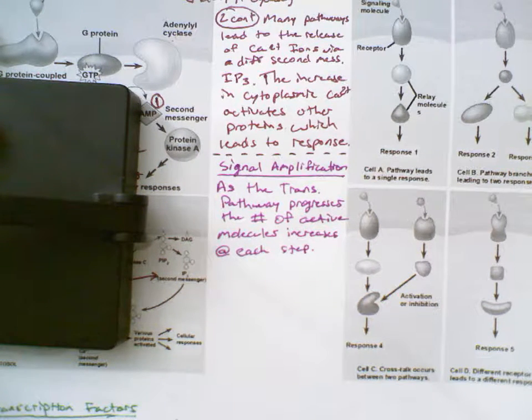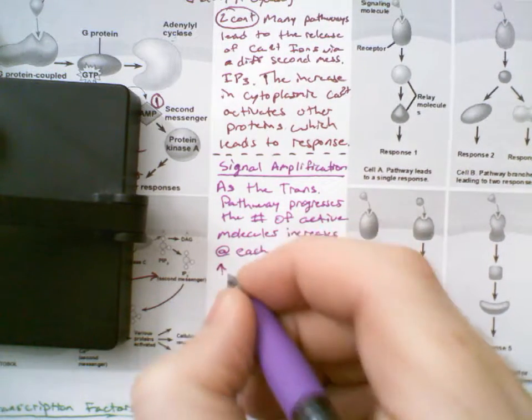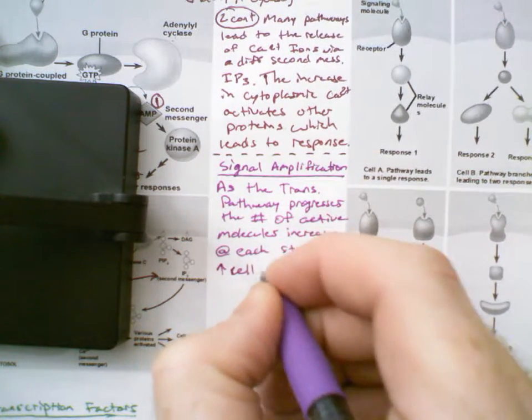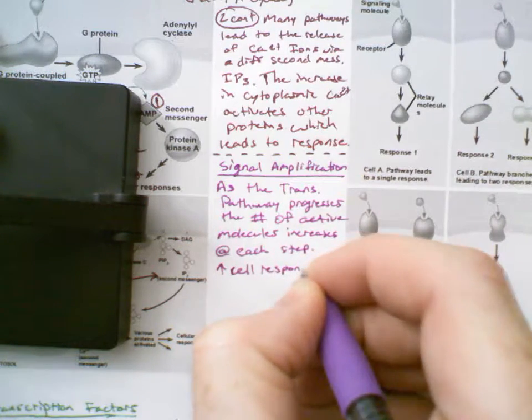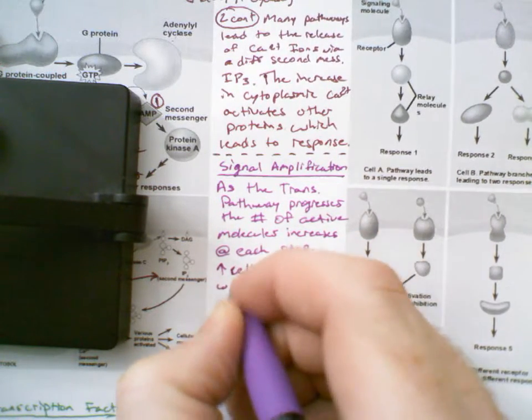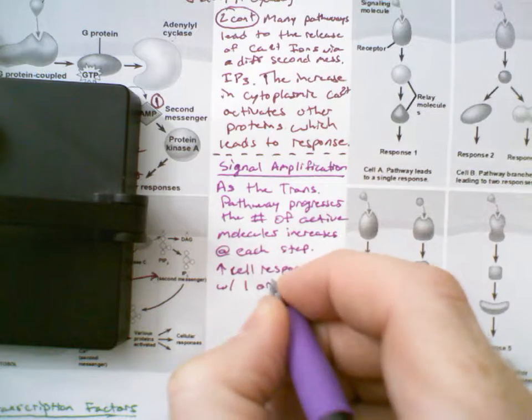This occurs because the proteins that are activating these molecules exist long enough to generate more molecules than what are currently active. What this does is it increases cell response with one original stimulus.